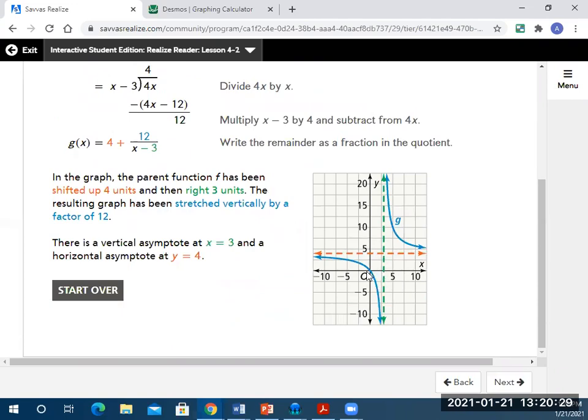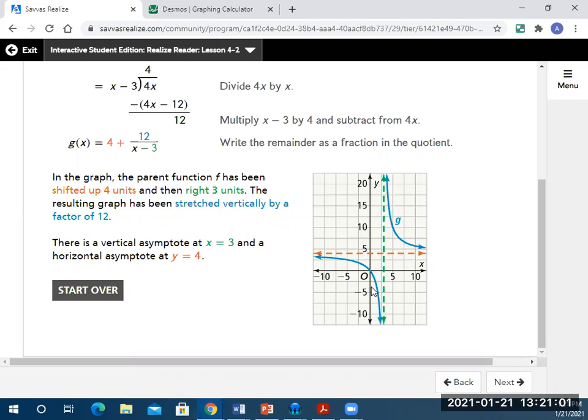So if in the parent function f of x is equal to 1 over x, your asymptotes are y equals 0 and x equals 0, right? So if you have a transformation and you're shifting to the right 3, your asymptote is also going to shift to the right 3. So if your vertical asymptote was x equals 0, and then it shifts 3 units to the right, what is your new asymptote?